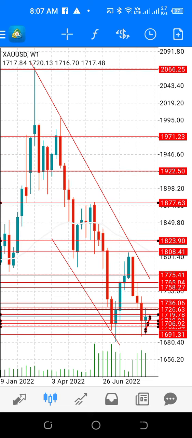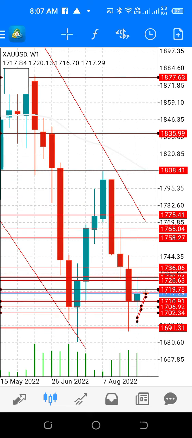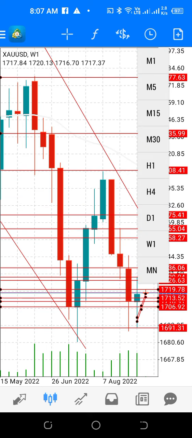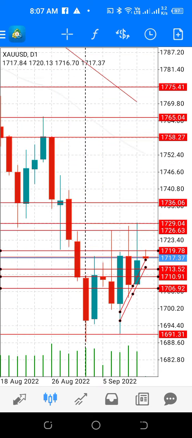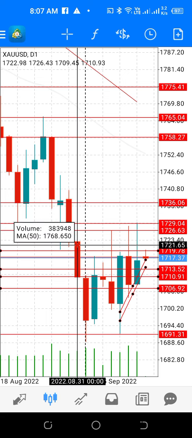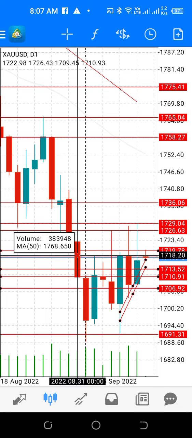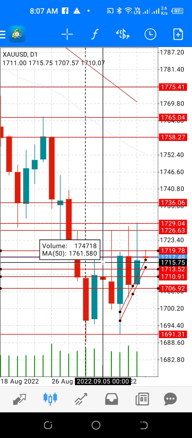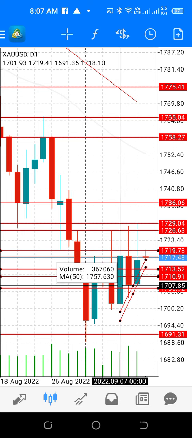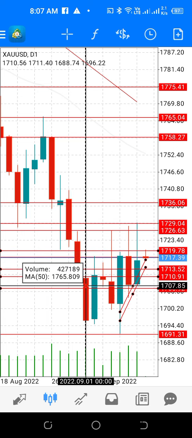So again, we are still on the long-term bias downtrend, but considering the correction, you can also trade correction, but you have to closely monitor the market trend. As you can see, these are lots of resistance. This resistance is weak, meaning prices will tend to move downward, even if there's correction.